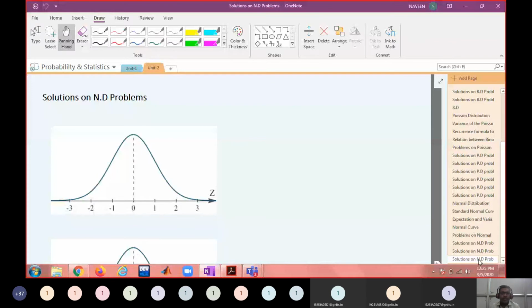So what is the question? Find the value of z. The area from 0 to z is equal to how much? Can you tell me? 0.5722.